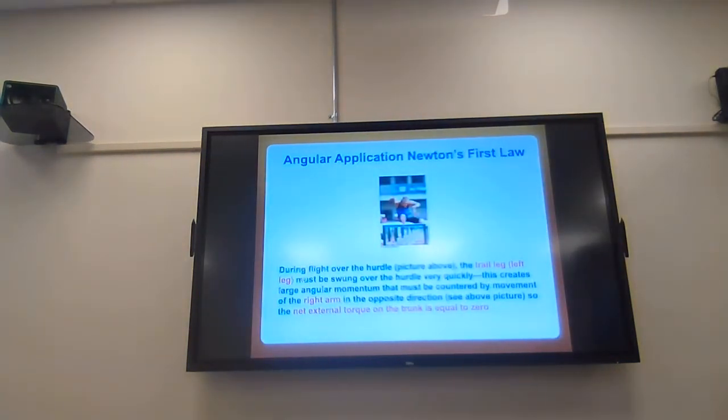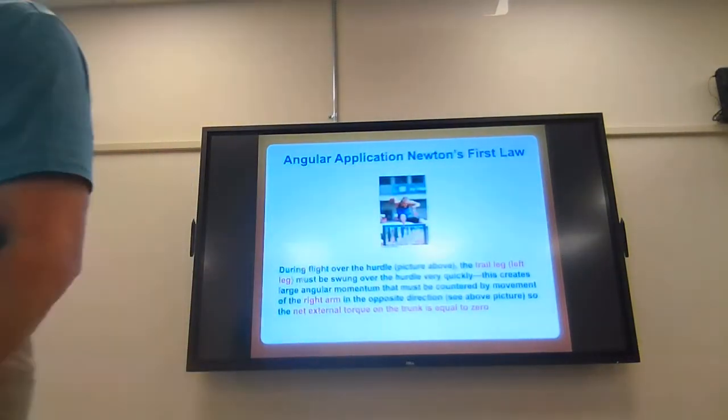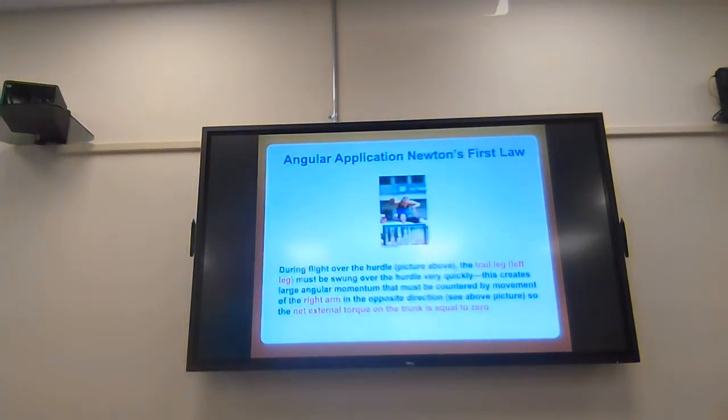All right, so let's have just a little bit of a warm-up. Everything in chapter 7 is the same as chapter 3. Only chapter 3 was all about linear motion due to force. Chapter 7 is all about angular motion due to force.